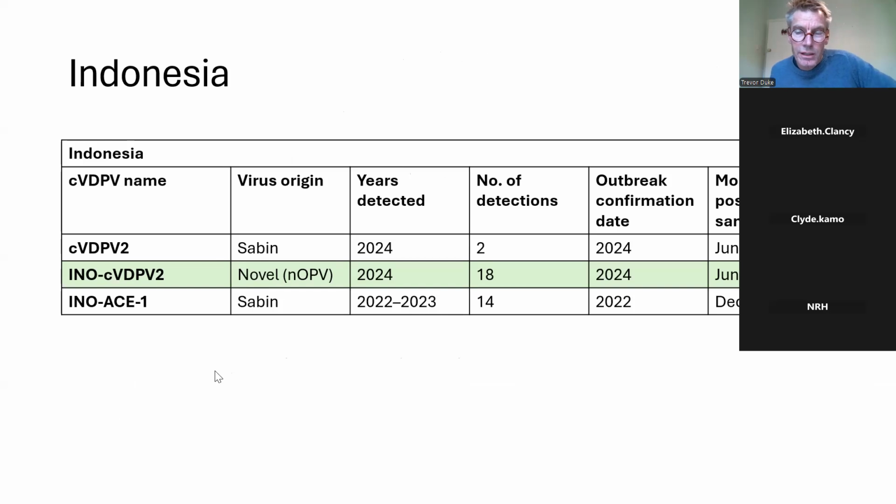The current outbreak in PNG, we think, is almost certainly related to a strain of circulating vaccine-derived poliovirus that arose in Indonesia. I won't say too much more about that, except that Indonesia's had 3 outbreaks of this in 2024, one a bit earlier in 2022.